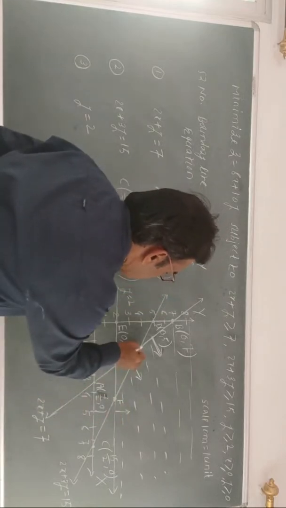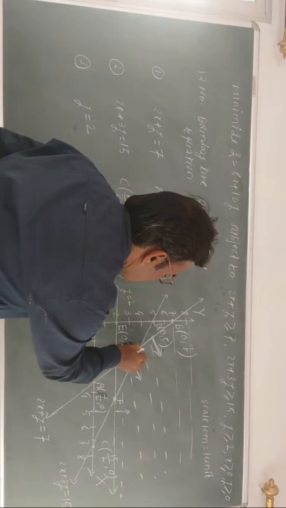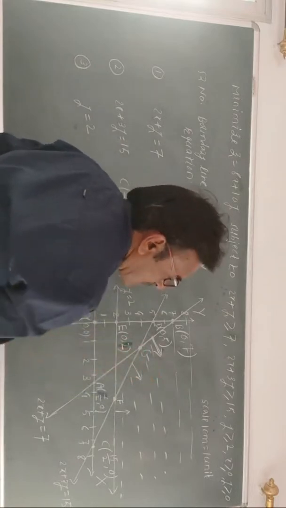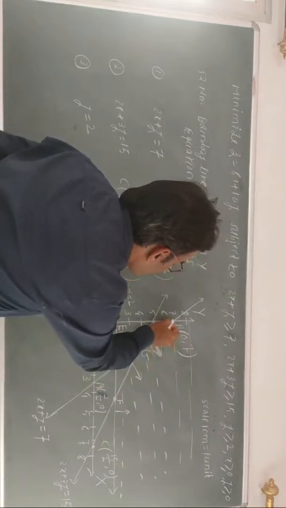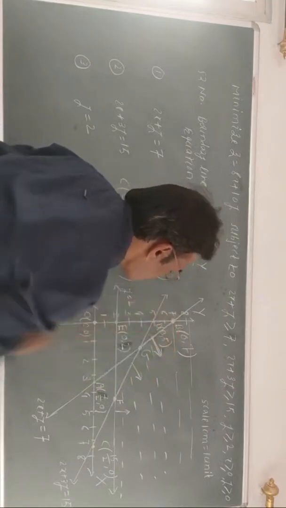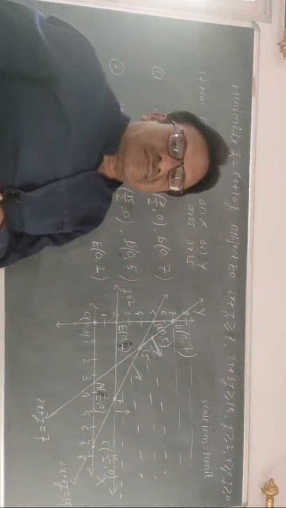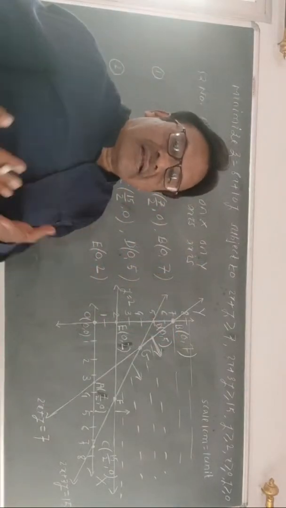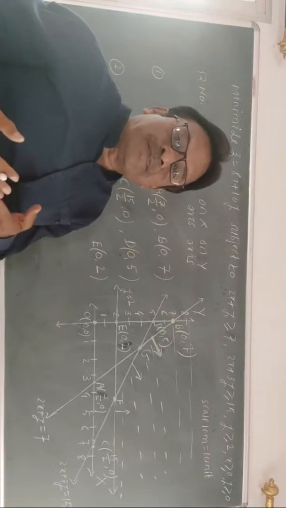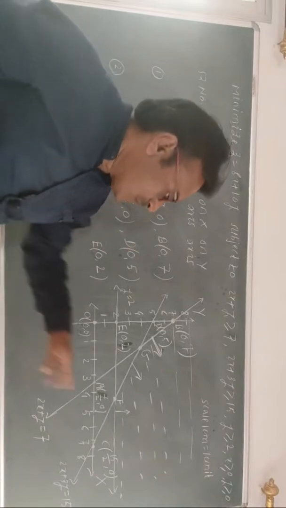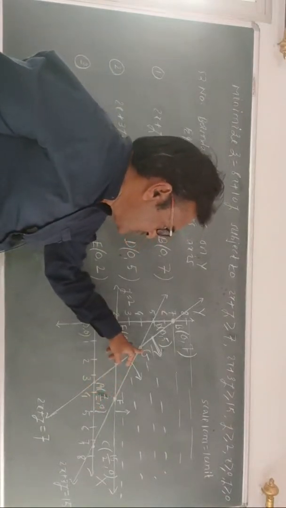Next corner point, suppose this is G point, and the last corner point is B. Remember this, we find the coordinates of the corner points of the shaded region, and the corner points are F, G, B.